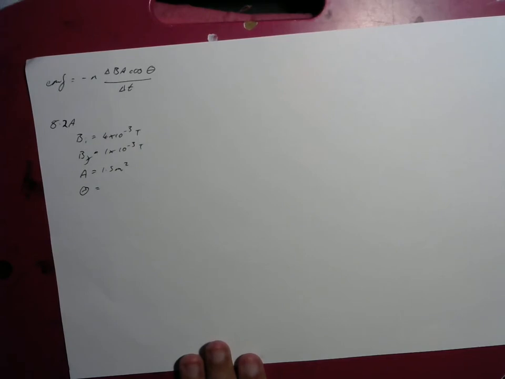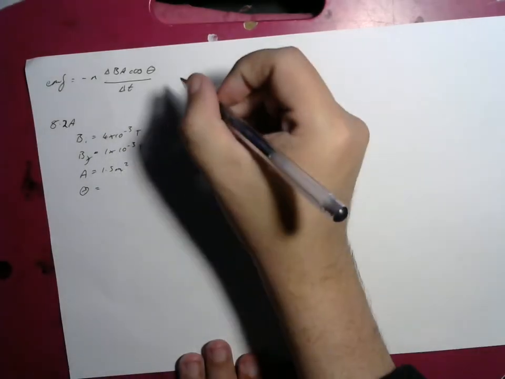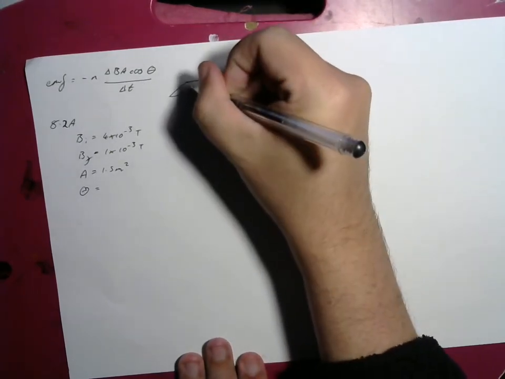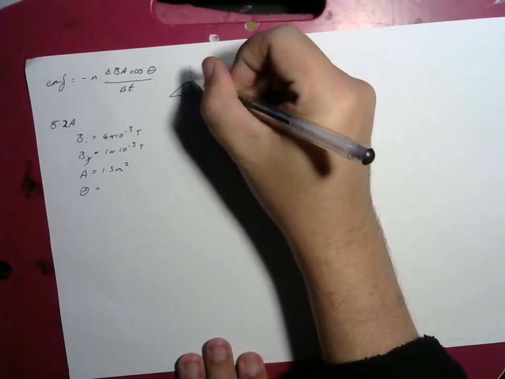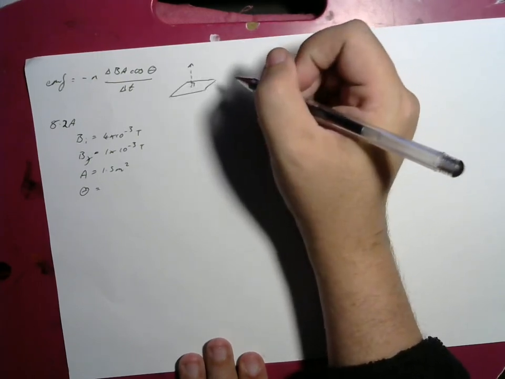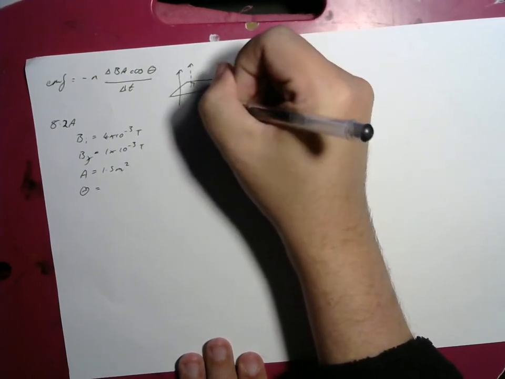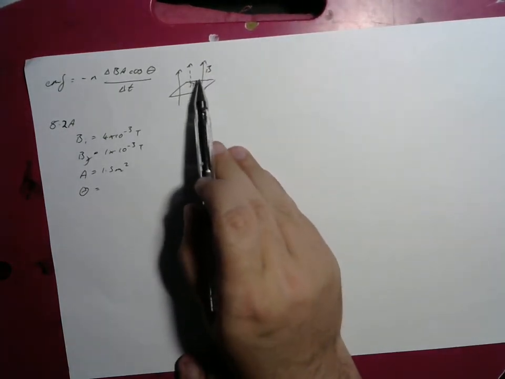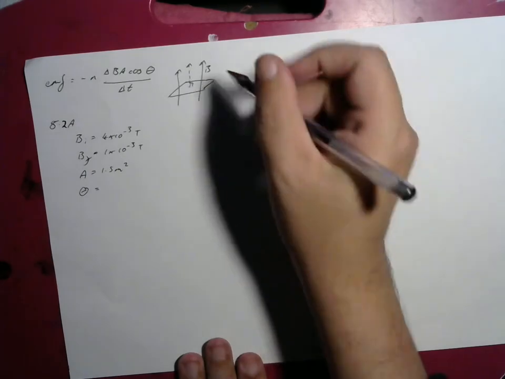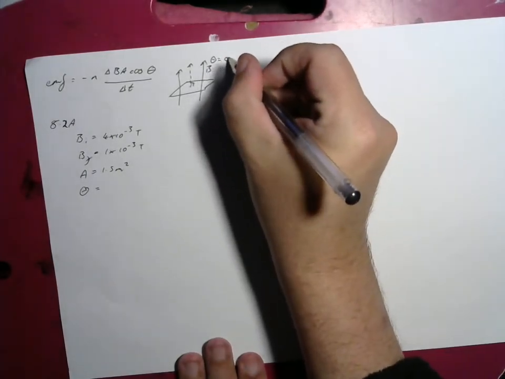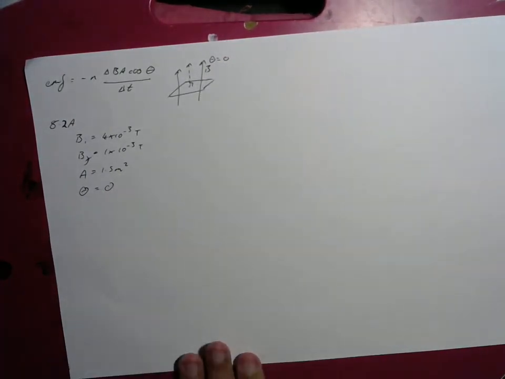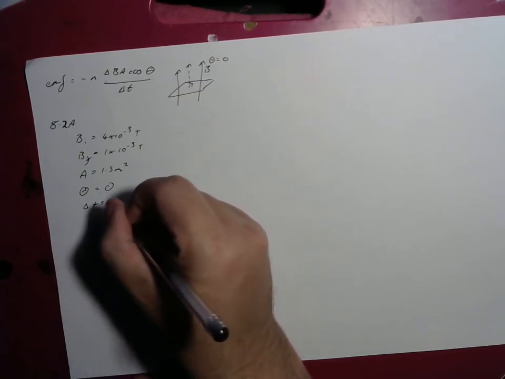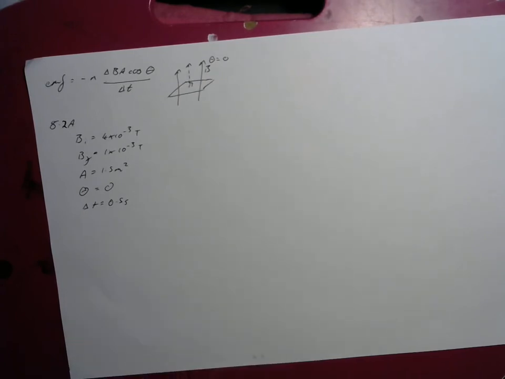So remember, if the field is right angles to the plane, then it is parallel to the perpendicular. I will just draw that out quickly. Here is our plane area, here is our perpendicular vector. Here is our magnetic field, so the magnetic field is perpendicular to the plane. It's parallel to the area vector, and so angle equals 0. And we're told that the time it takes to do this is 0.5 seconds.